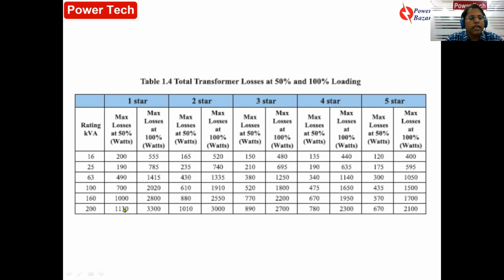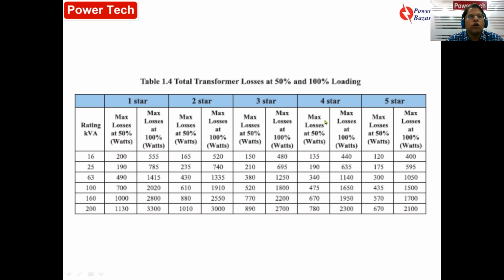For 2 star, it has to be within the limit of 1130 watt at 50% load. Similarly, for the 5 star rating, the 50% load maximum loss should be within 670 watt, and for 100% load, the maximum losses should be 2100 watt. So beyond this, you cannot manufacture any transformers.